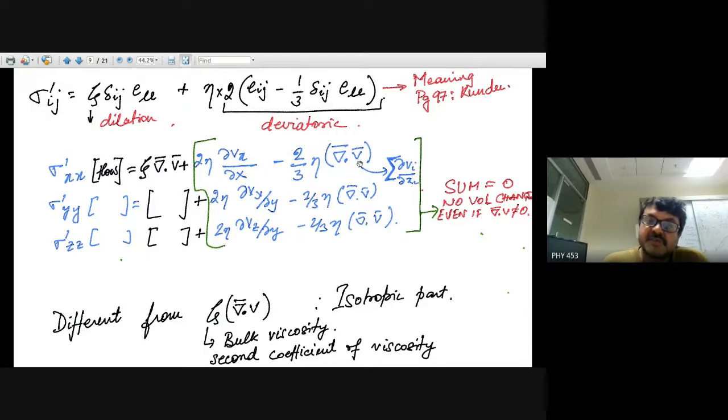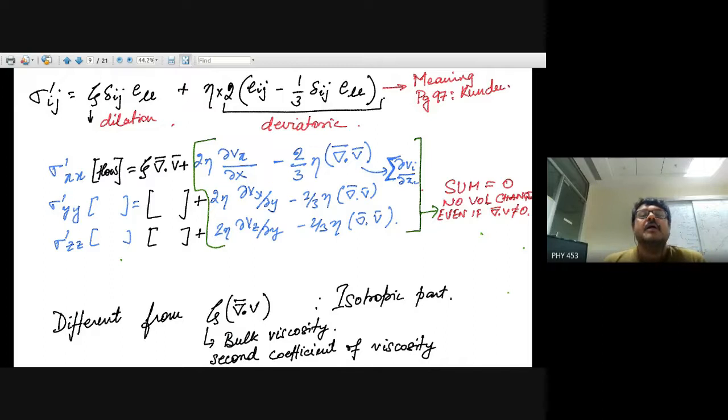If divergence v was equal to zero, but you had del vx del x finite, then of course del vy del y had to come with a minus sign, because this part is not related to volume change. So this could be positive, and this could be negative, so that there is no net volume change. So the flow would be such.